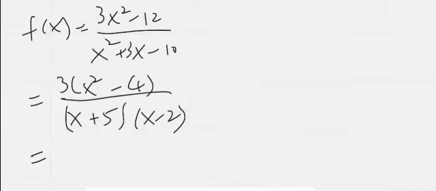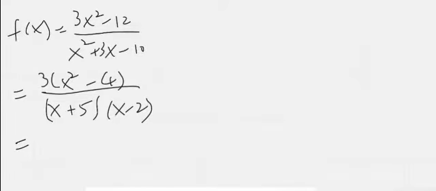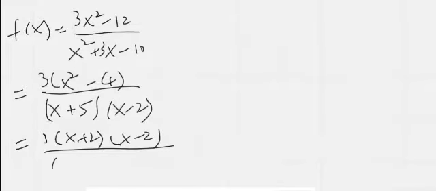However, we're not done yet. On the numerator part, we can actually further factorize it into x plus 2 and x minus 2, because x squared and 4 are the squares of x and 2 respectively. So it will become 3 times x plus 2 and x minus 2 over x plus 5 and x minus 2.